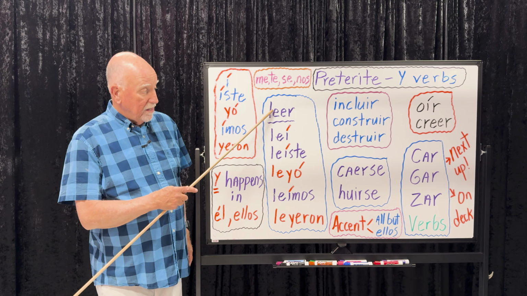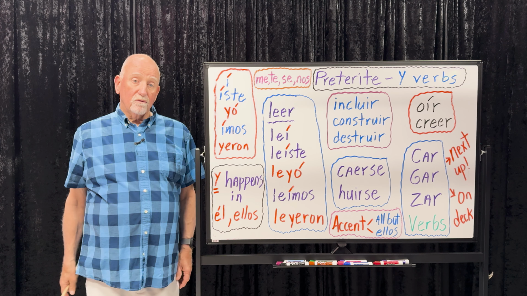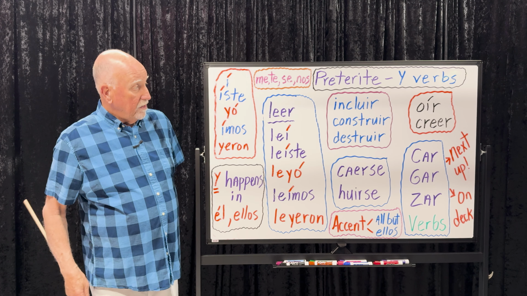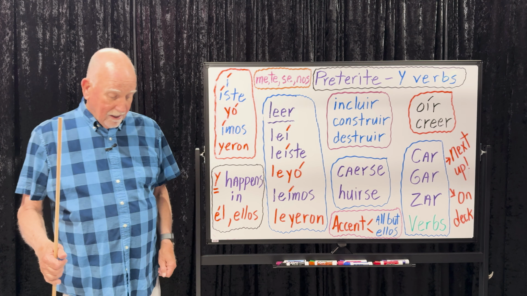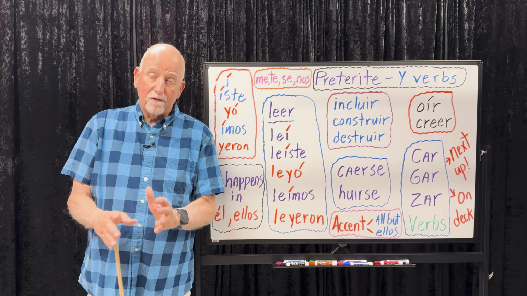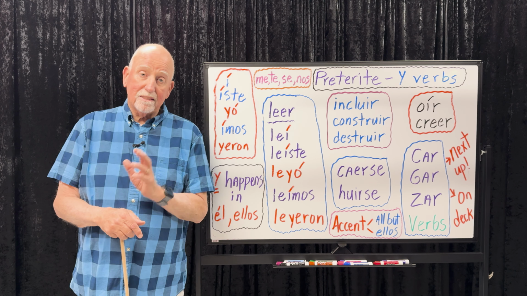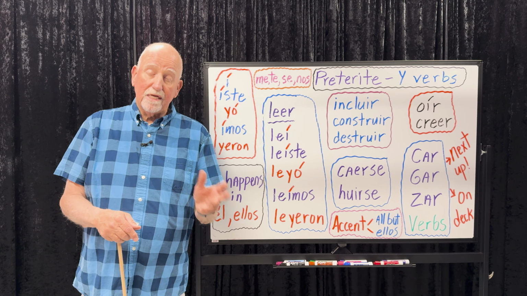But certainly to read, to fall, to hear, and to believe or to think, those are really heavily used. Oír. Now, why does oír have an accent mark? Okay, hopefully you're starting to see two vowels together. When you see two vowels together and one has an accent mark, then most likely it's breaking up the diphthong and making two sounds.